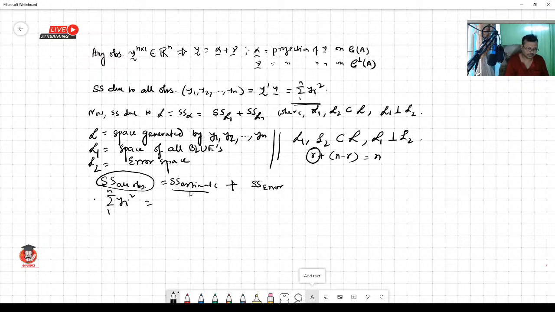We know SS due to estimate already: y curl prime A G inverse A prime y curl.